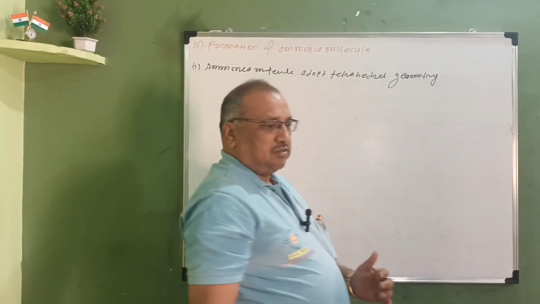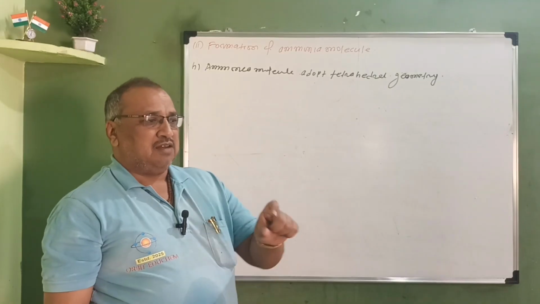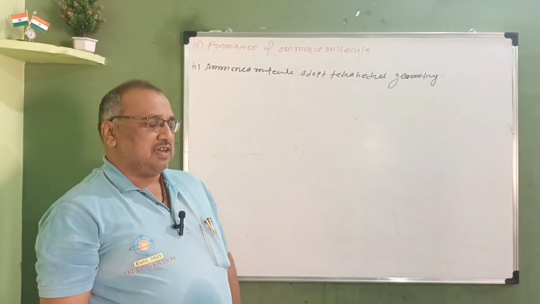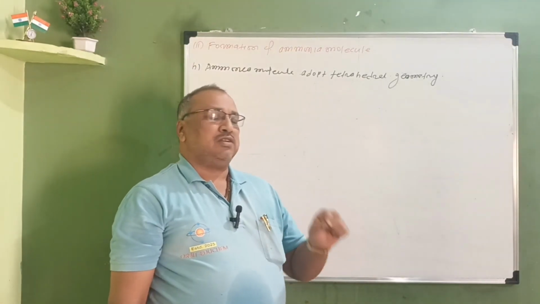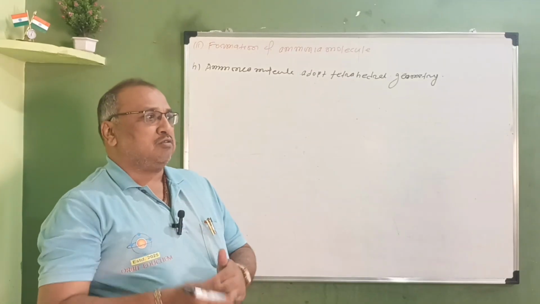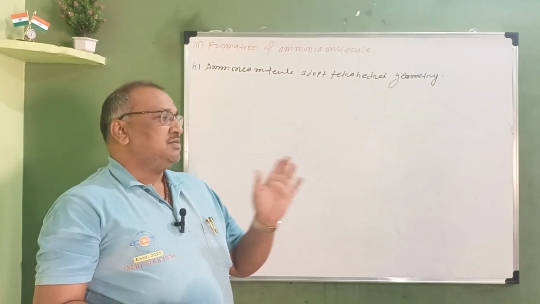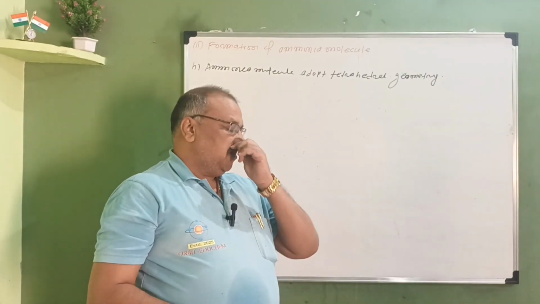This is because here the hybridization of the nitrogen atom is sp3, or in this case the nitrogen atom is surrounded by 4 electron pairs, that means 3 bond pairs and 1 lone pair.